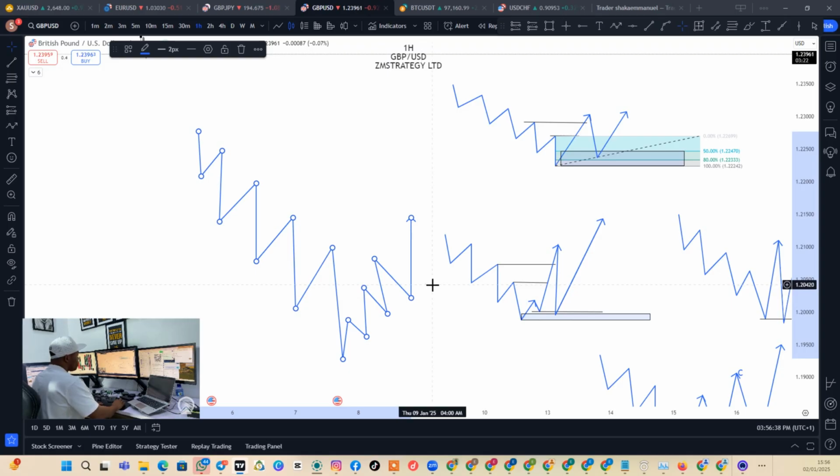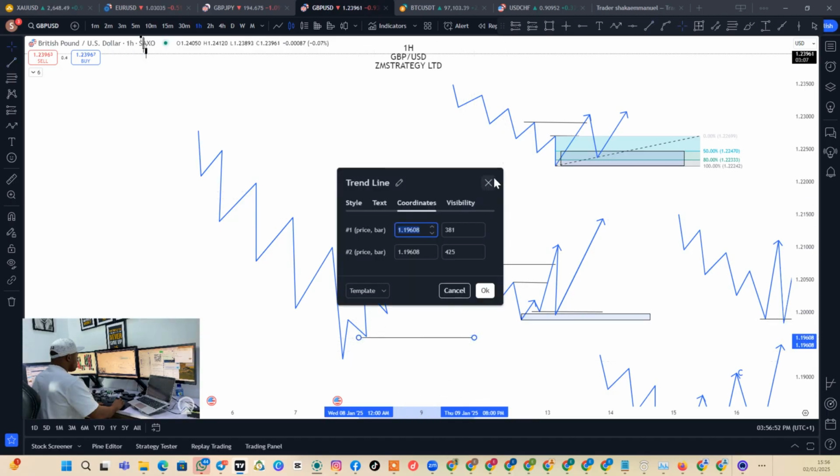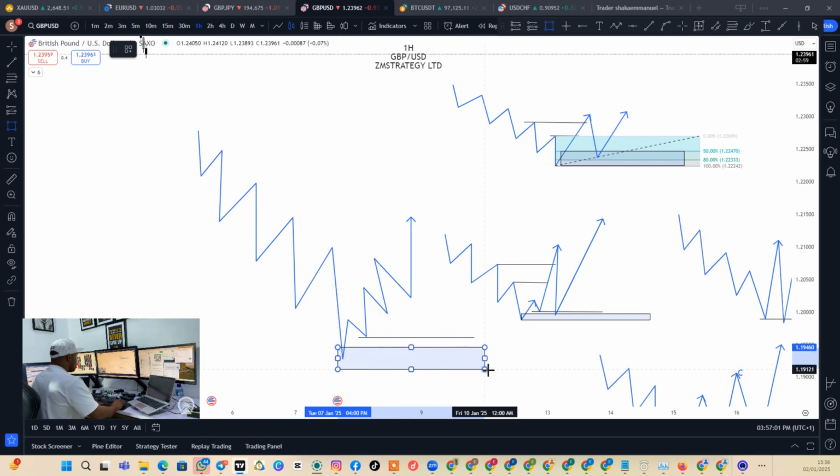So in order for you to know which one is your structural liquidity, it is the second low before the last low. This is where you are waiting for the market to come and sweep, in order for you to take your buy trade at this level.